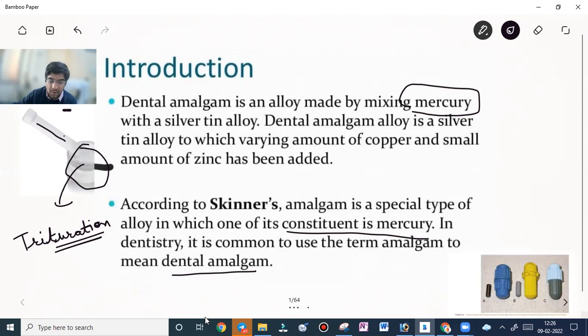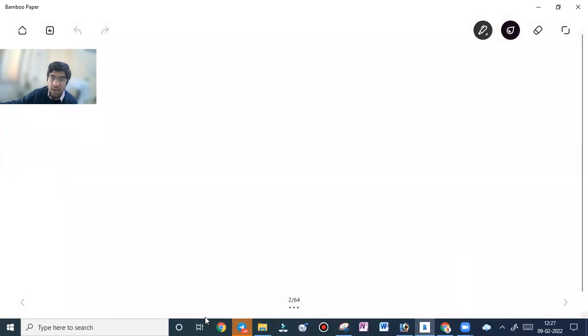Later on, the powder was compacted in the form of pellets, which were dispensed along with the mercury in a reusable capsule. They came in reusable capsule form, and they were triturated by a power-driven triturator or amalgamator.